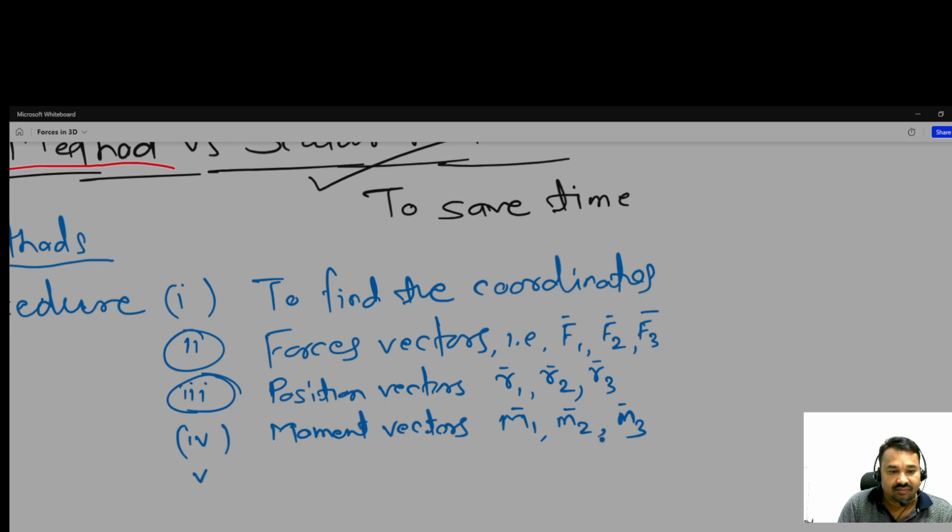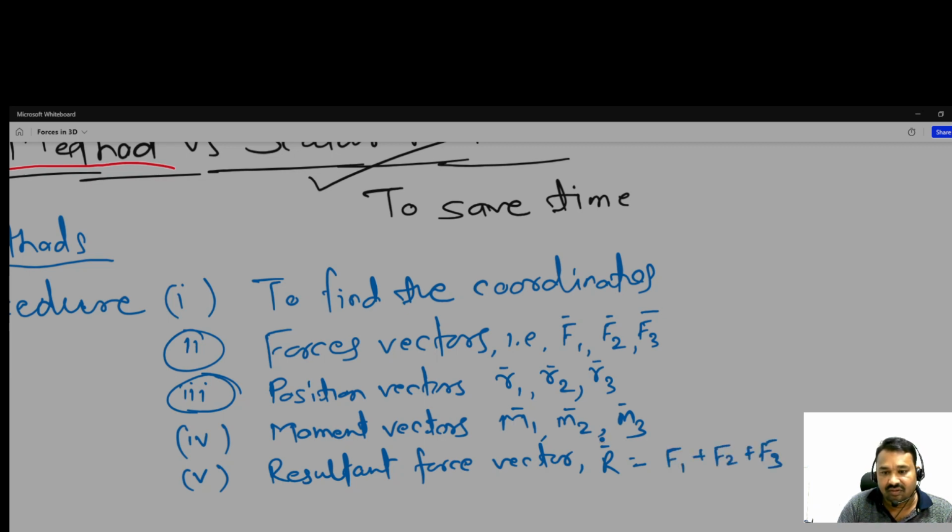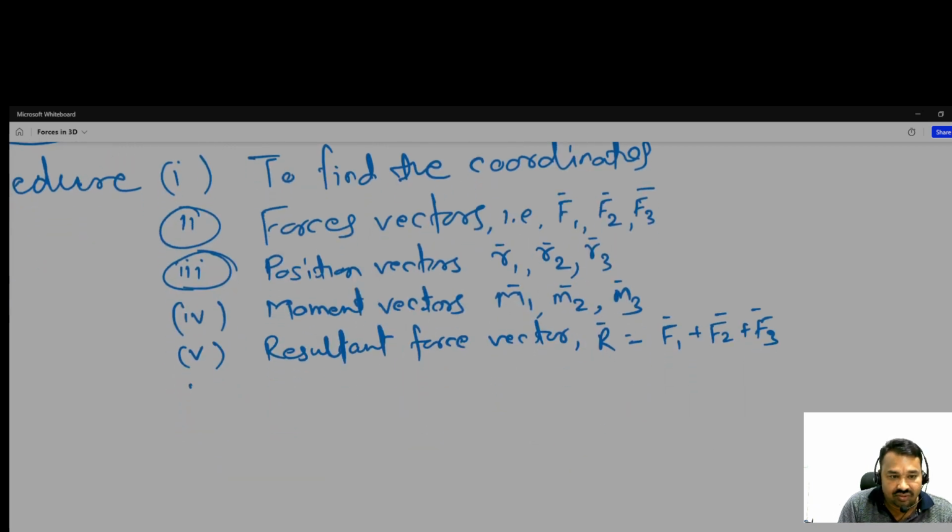Fifth one, resultant force vector, which is the summation of all force vectors. Then sixth, the resultant moment vector.